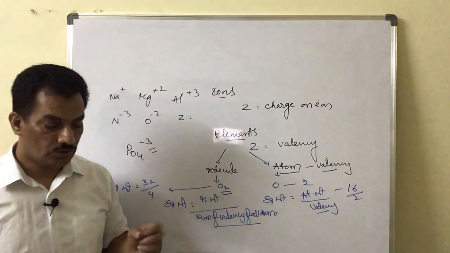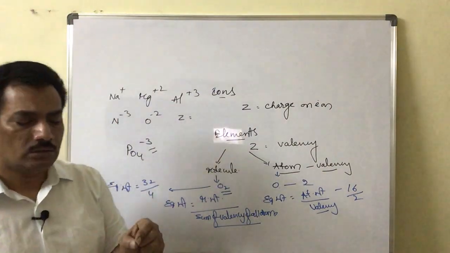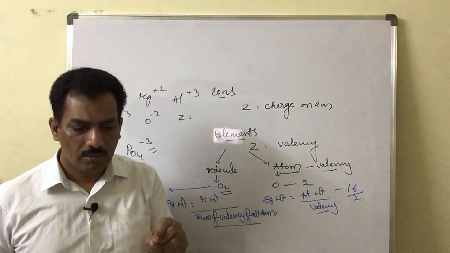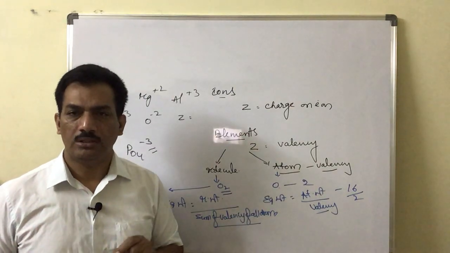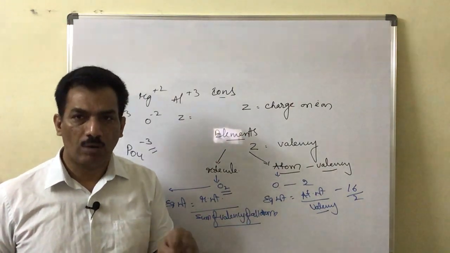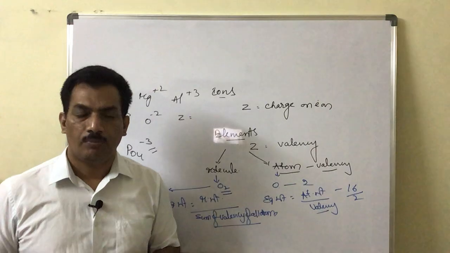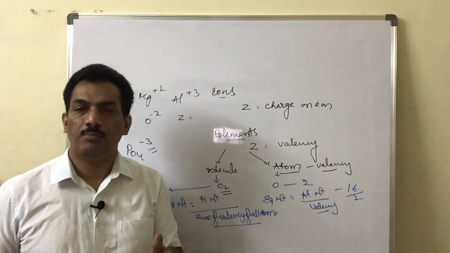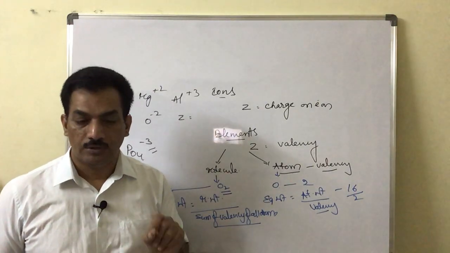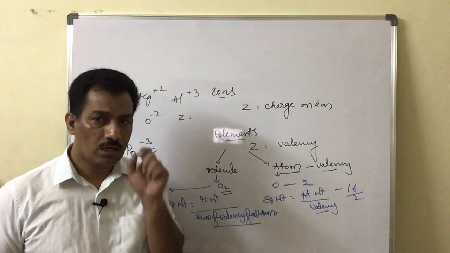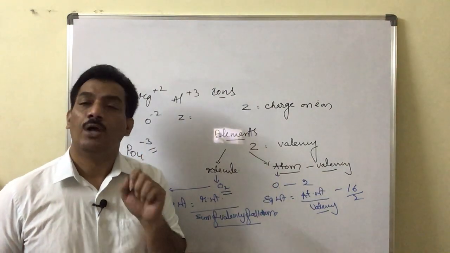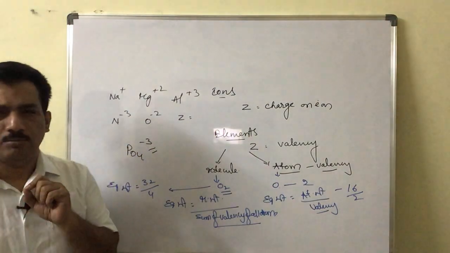You have to be careful here, because if you do not consider whether it is the molecular weight or the atomic weight, it will give a wrong answer. Observe whether the molecular weight or the atomic weight of the element is given.